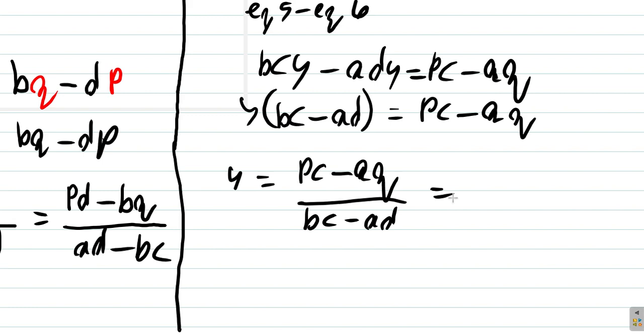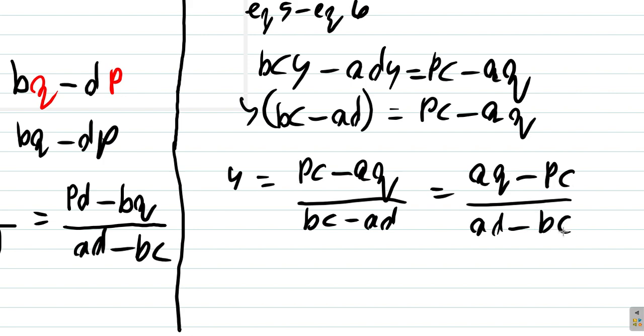Let's multiply both top and bottom by -1. What you would have is aq minus pc over ad minus bc.